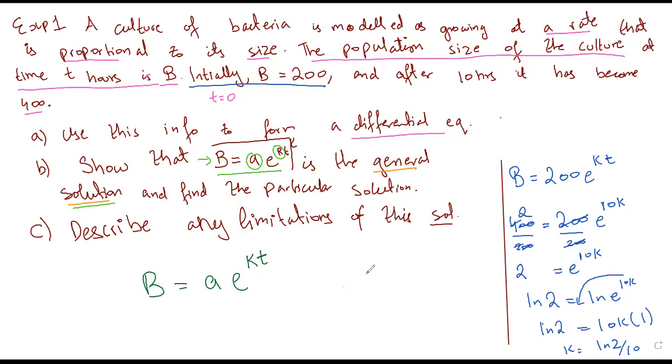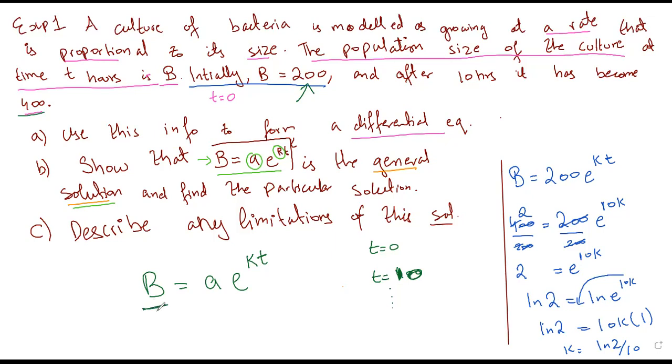Whenever we have a time, let's say for t equals 0, we were told that b was 200. Then for t equals 10, b was 400, right? So for different values of t, we can find the size of our bacteria.